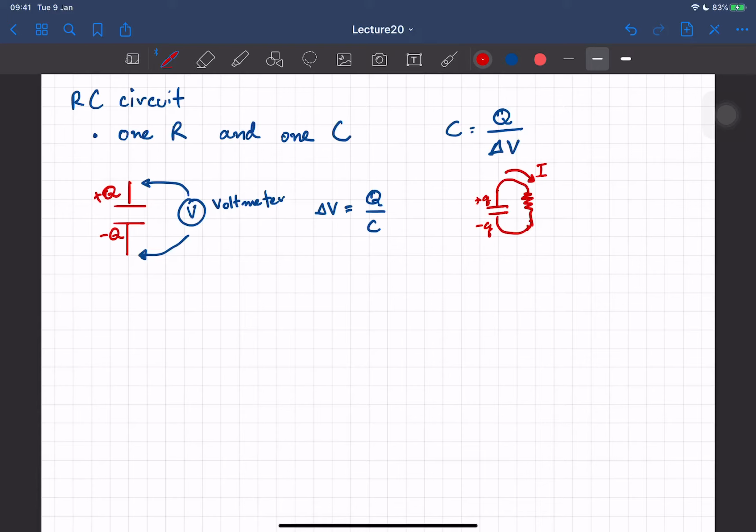Okay, so let me just write down the key point again here. As I, the current, flows, Q on C decreases, and I will change with time.